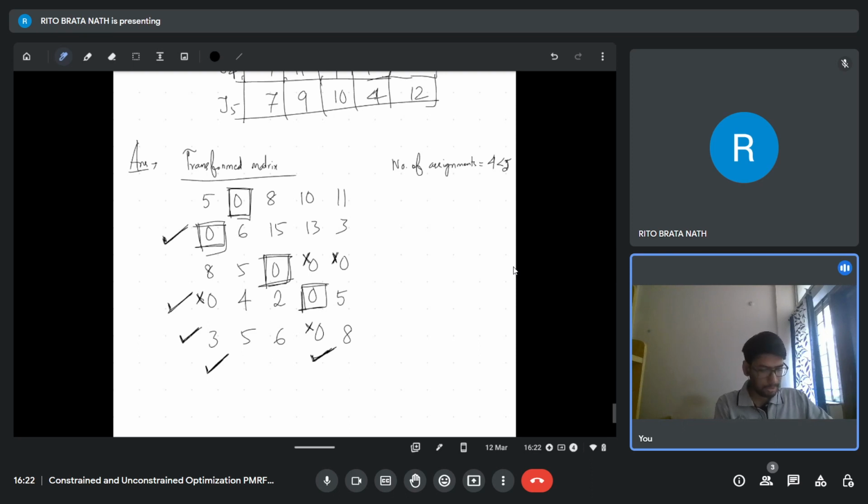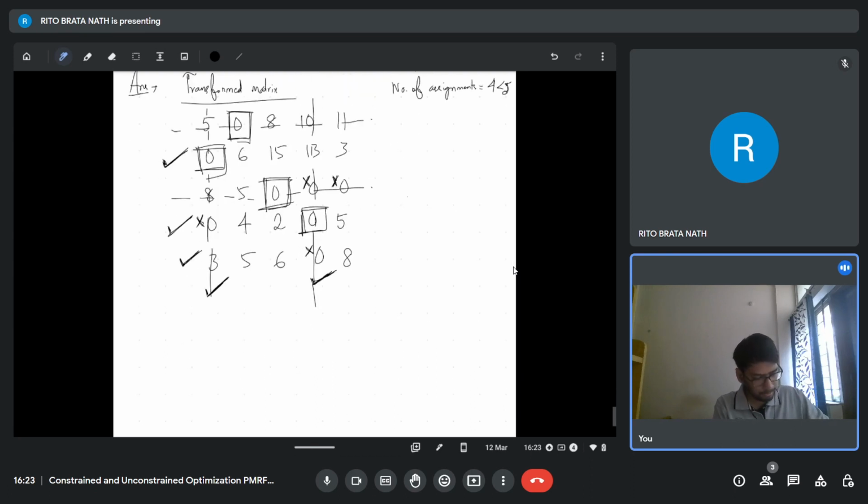Okay, so this will be the correct ticked rows, and then what you can do, you can draw vertical lines through the ticked columns and horizontal lines through unticked rows. Yeah, whichever is not covered here, out of those, the minimum uncovered element is 2.